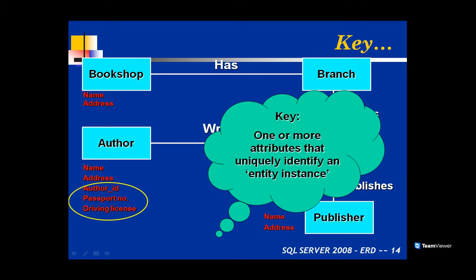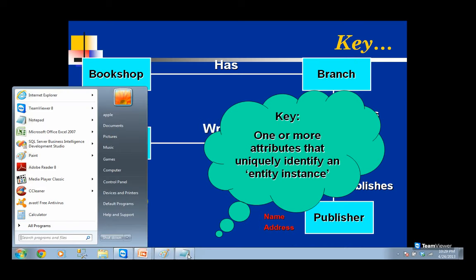In your example, as a student, you will have a student ID, passport number, DL number, social security number. These are called alternate keys.